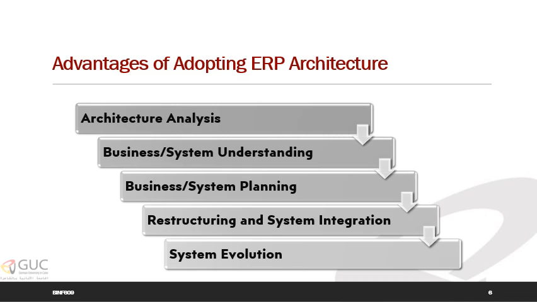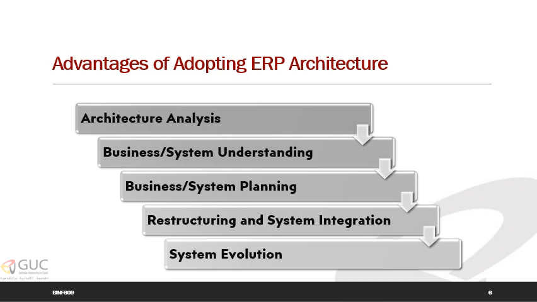The advantages of adopting efficient enterprise system architecture include architecture analysis, which assists in performing system analysis at the architecture level. This helps to support the system design process. The business and system understanding offers a concrete base for effectively understanding the business operations of an enterprise, which results in improved business management.